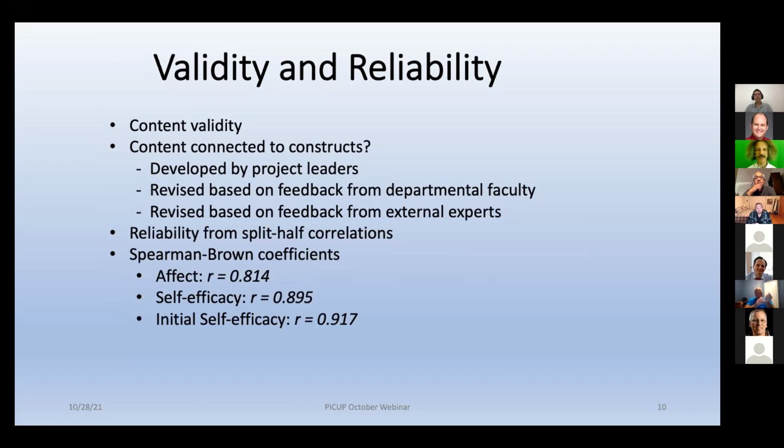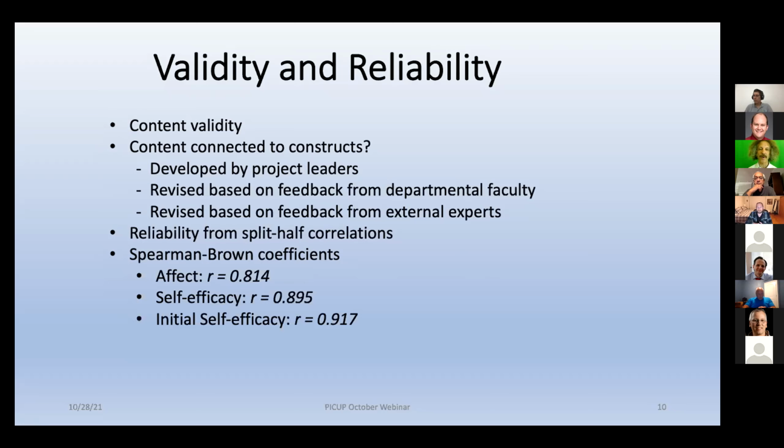So what we do is we say, all right, we've got these affect questions. We're going to analyze half of them, and then we're going to analyze the other half of them and use the Spearman-Brown mechanism to say whether or not those two halves are well correlated. And for the 3 constructs you can see here, these are all very good Spearman-Brown correlations.